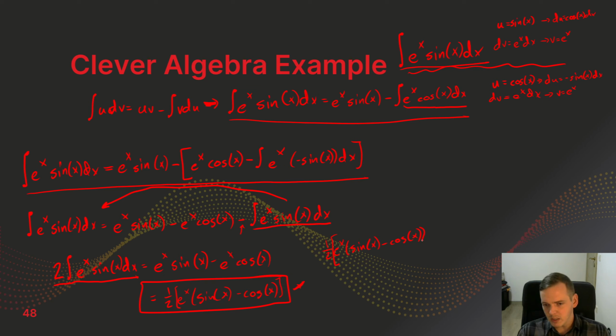Now I'm going to use the product rule. So I take the derivative of e to the x, which is e to the x, and then I write sine of x minus cosine of x, don't change it. Now I'm going to add e to the x times the derivative of what's in the parentheses, which is going to be e to the x times the derivative of sine of x, which is cosine of x, and then the derivative of cosine of x, which will be negative sine of x.